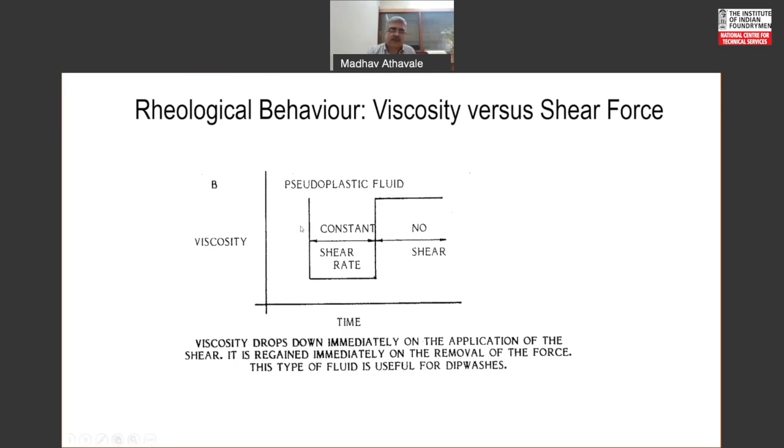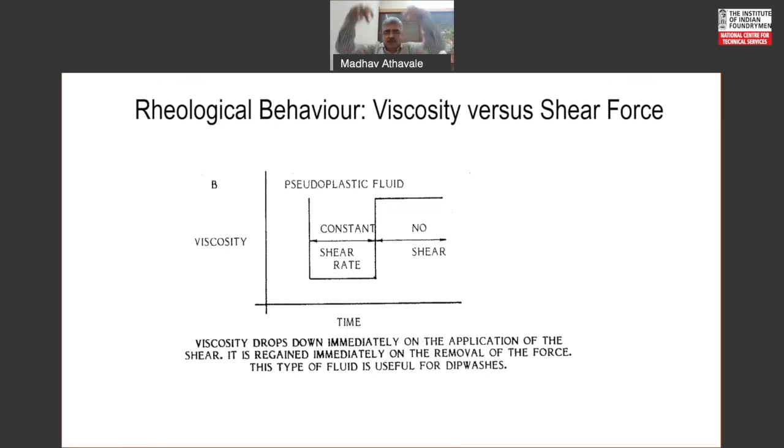So I'm showing it as a sharp drop, remaining at a low level, and going up very sharply. This is the kind of viscosity behavior that is required for our dip washes.